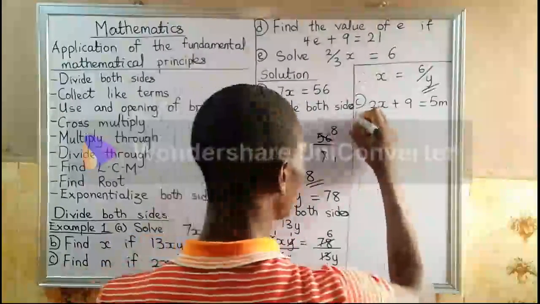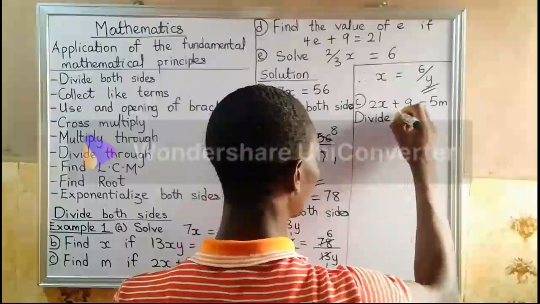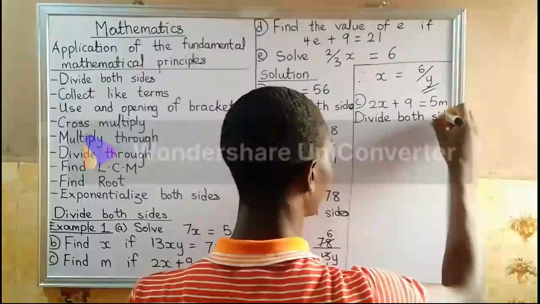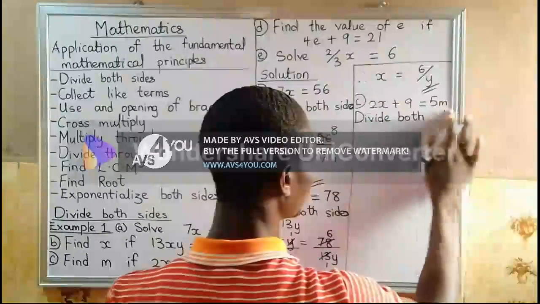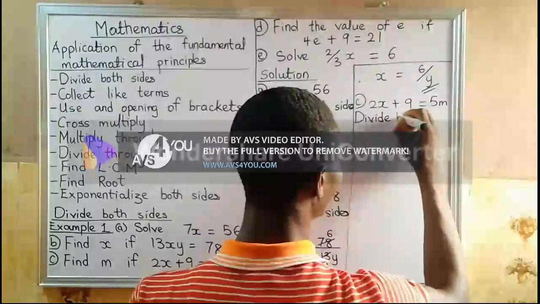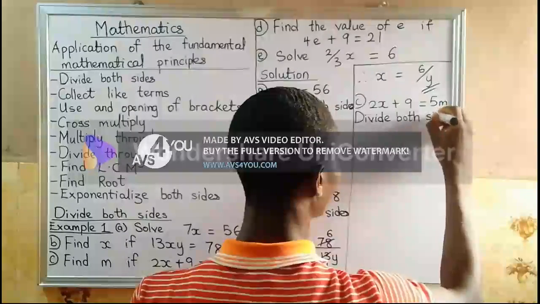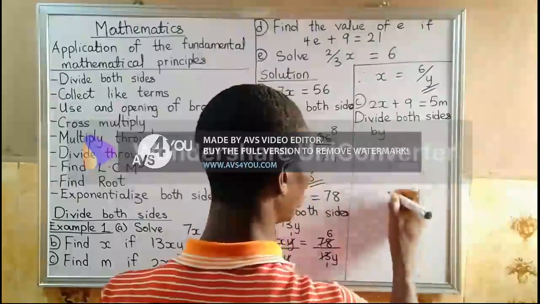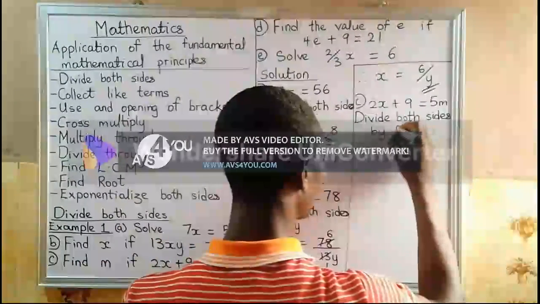So we divide both sides by what? The coefficient of the variable we are looking for, which is 5.